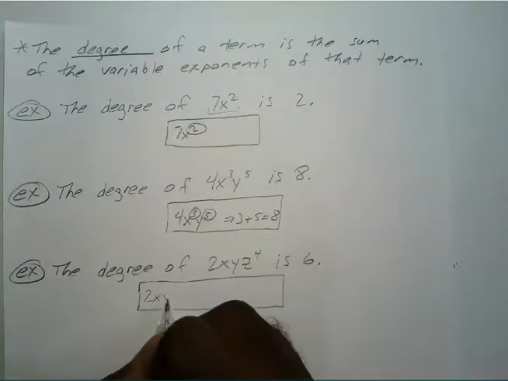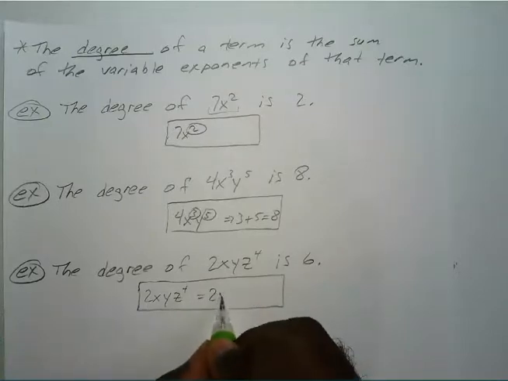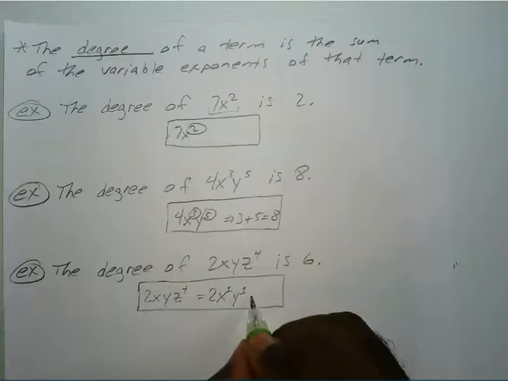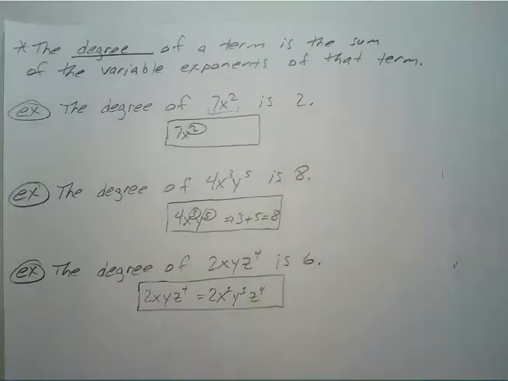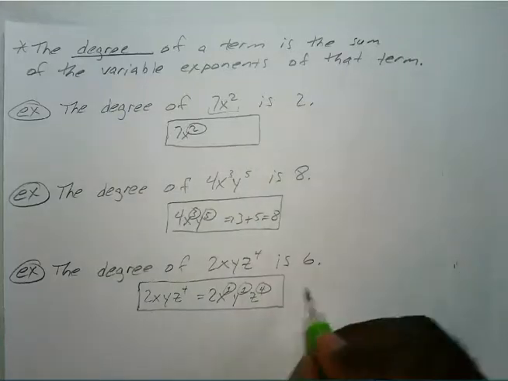So 2xyz to the 4th is the same as saying 2 times x to the 1st power times y to the 1st power times z to the 4th power. 1 plus 1 plus 4 will give you 6.